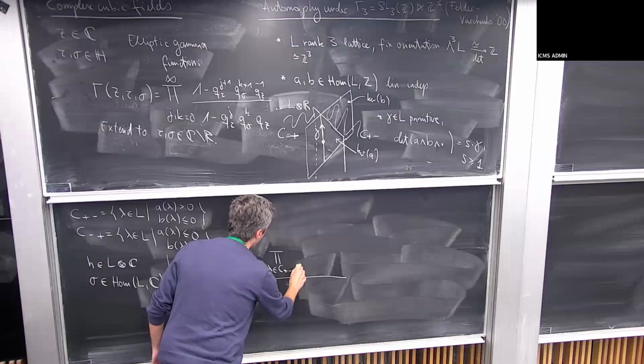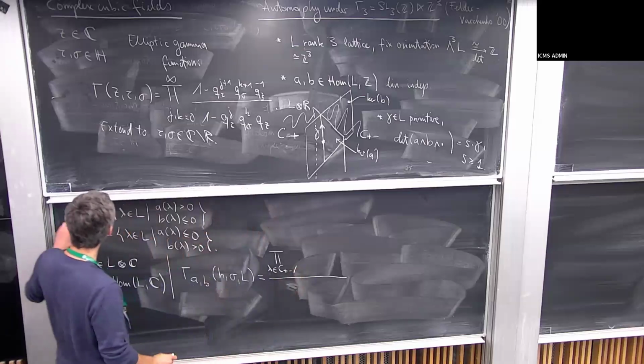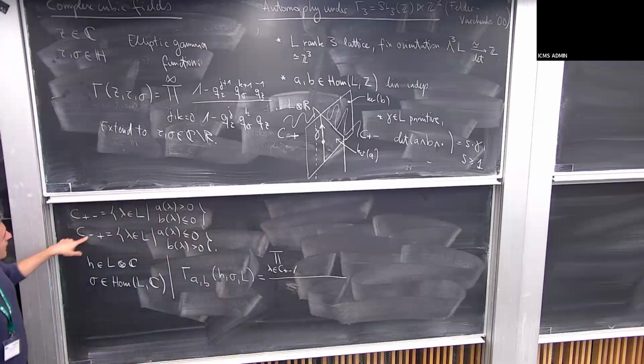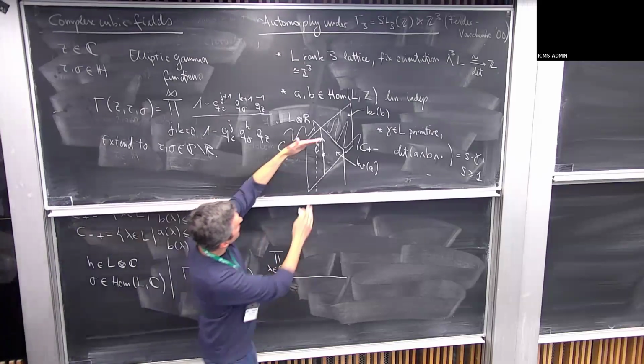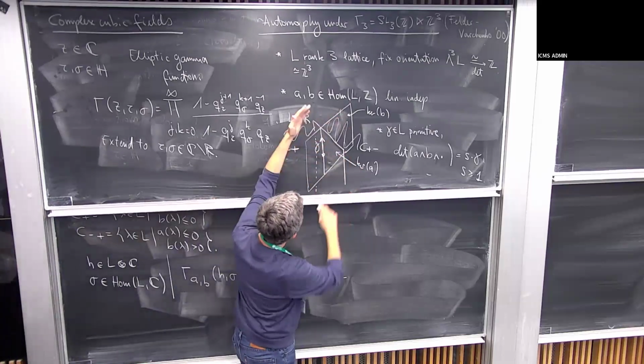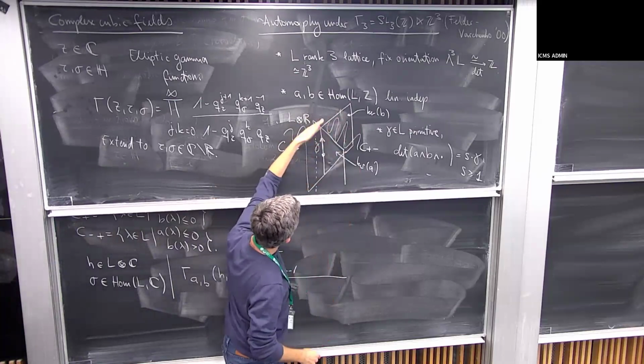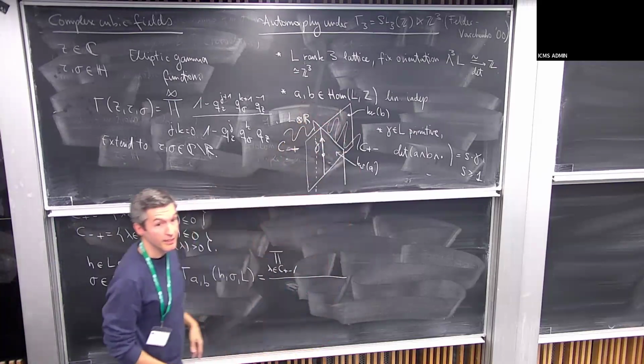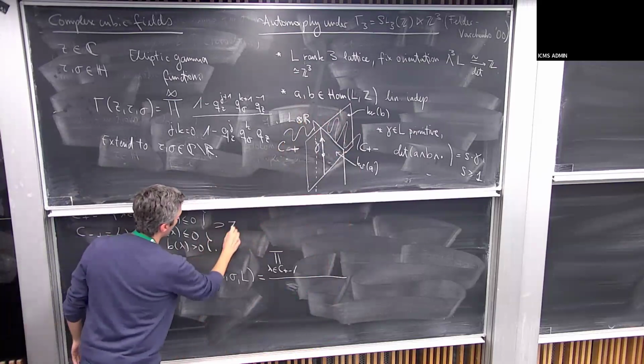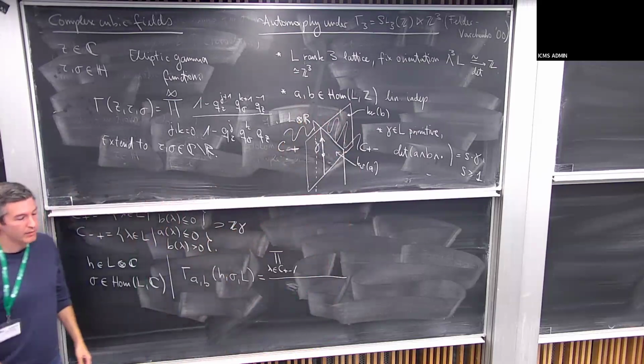And so I forgot to say that these two, C plus minus and C minus plus, are these two regions that I tried to explain here. But notice also that these regions both contain this line generated by this vector gamma.